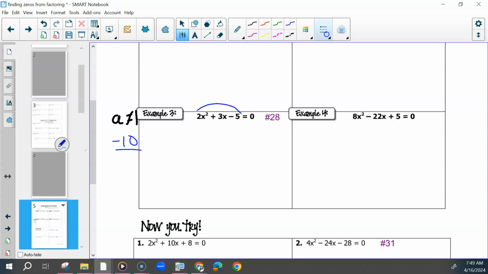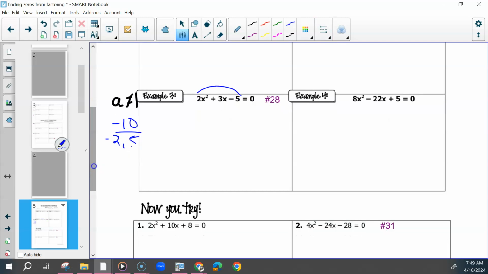And because it's negative, one of them is going to be negative. 2 and 5. Which one will be negative? Negative 2. And that's what that says.